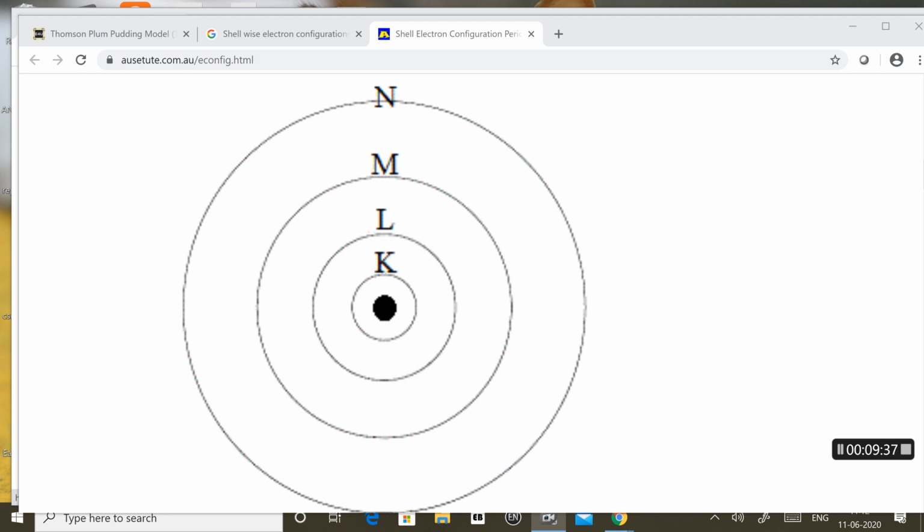The shell which is nearest to the nucleus is K. K has the least energy, and N has the highest energy.